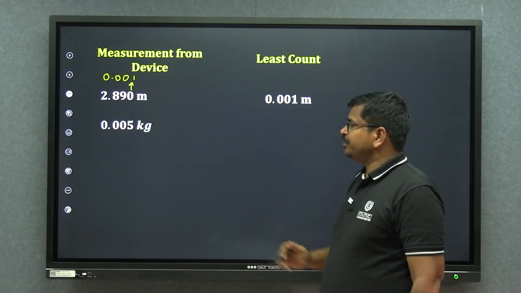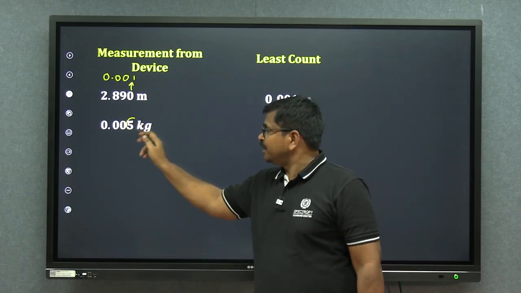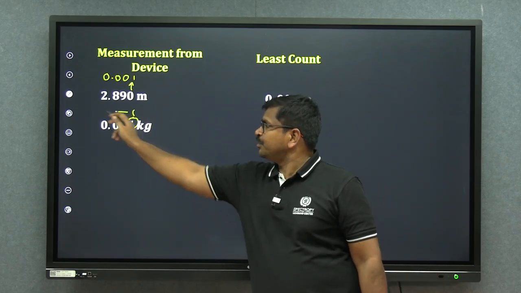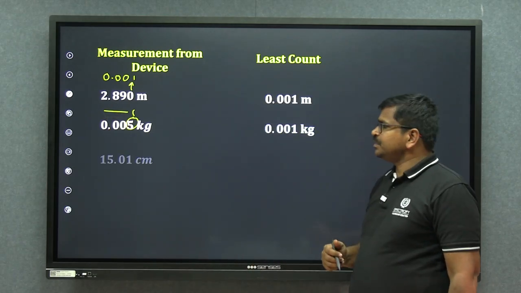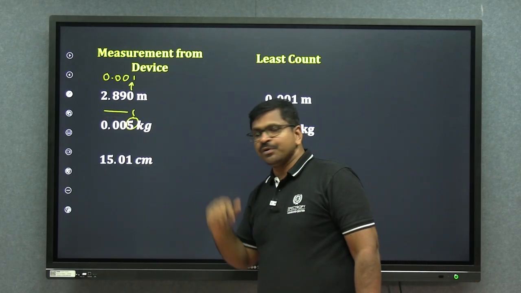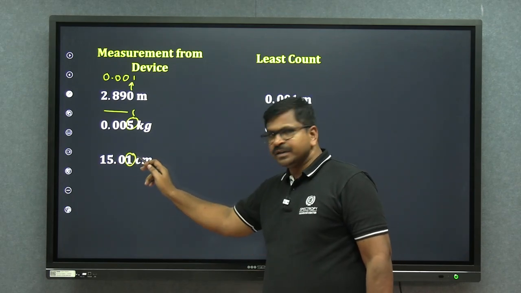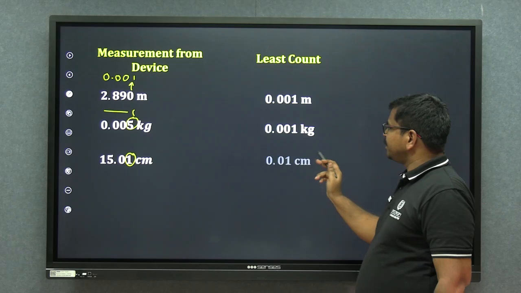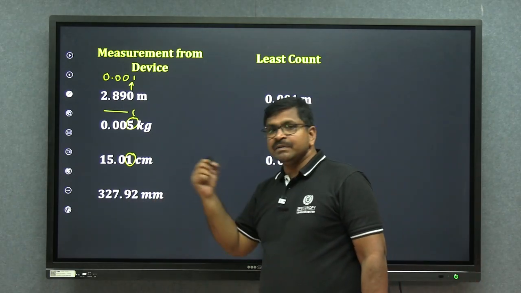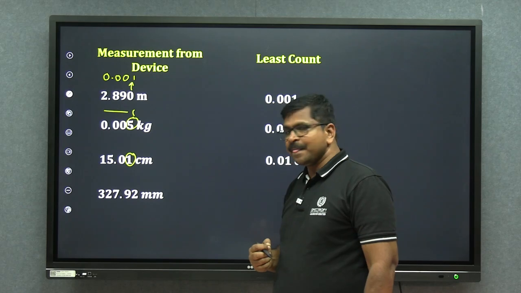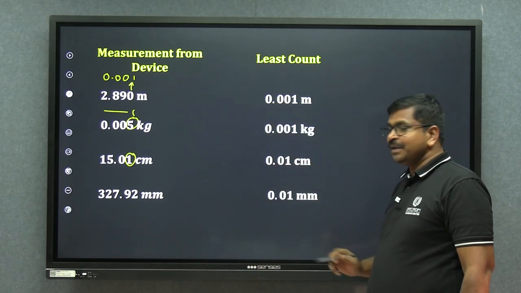Suppose I give something like 0.005 kilograms, keep 1 in the rightmost digit, remaining all zeros, so that will be 0.001 kilograms. Suppose I give you 15.01, even in this case the rightmost digit is 1, remaining all zeros, so 0.01 centimeter. Suppose the measured value is 327.92 millimeters, here the least count is 0.01 mm.